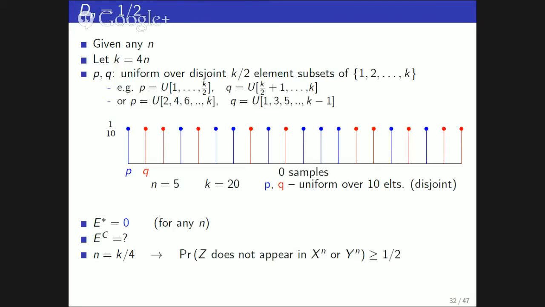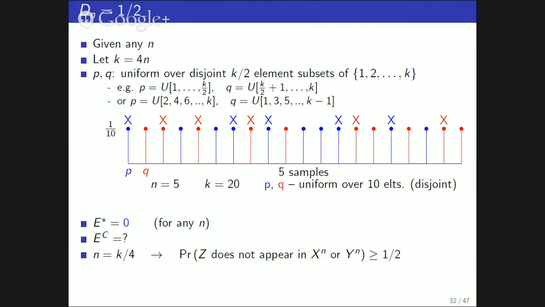Why? Because here you're taking 5 samples. Each one gives you 1 blue and 1 red. And after 5 samples, you'll see 10 elements. So you have k over 4 samples. Each one you get x and y, so you get k over 2. So at least half of them you have not seen.